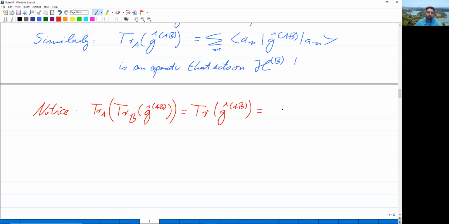And of course, we can also write it in this way. It's the trace where we first do the trace over subsystem A and then subsystem B, G hat AB.